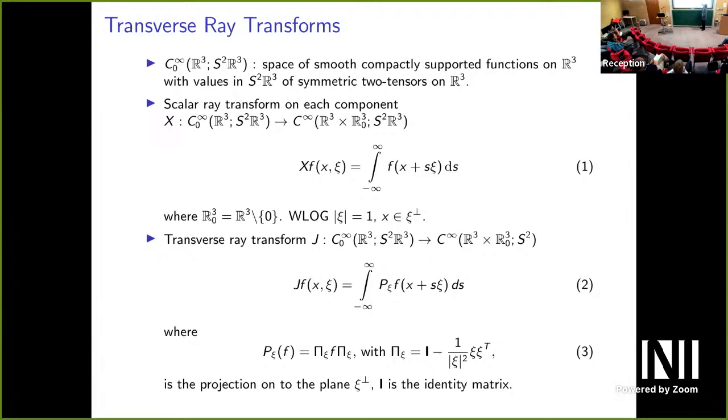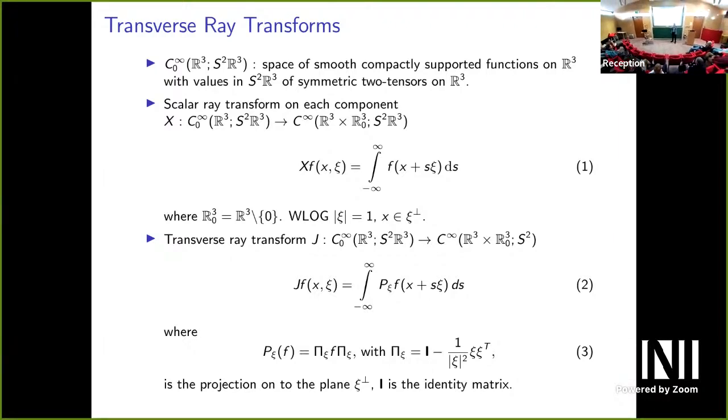So one of the things we can do is to project perpendicular to the direction we're going. For each direction that the line's on, we just project perpendicular to that plane. Now that's a formula for doing it with a matrix. And then for each ray, we get a symmetric matrix.